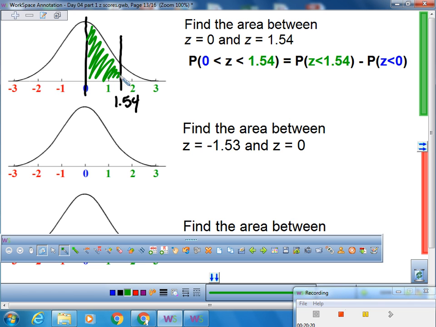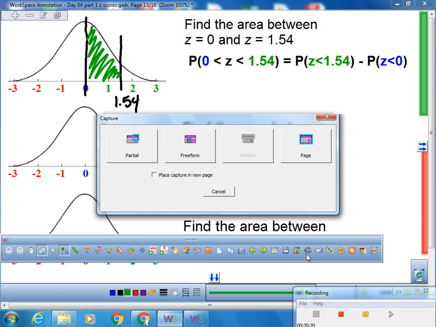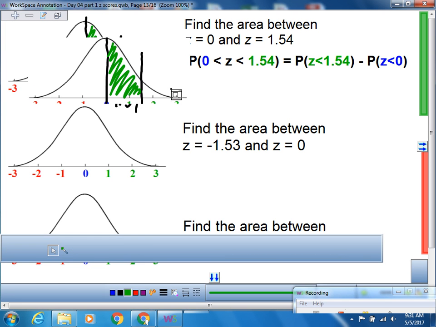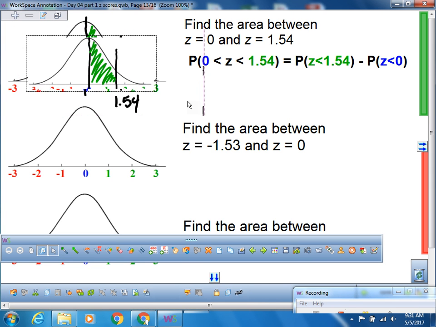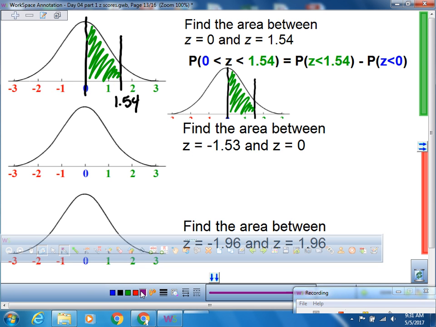But if I go over on my curve to 1.54, isn't that going to give me all of this? So how could I get just this? Subtracting, right? What would you subtract? Exactly. You would subtract the z-score of 0.